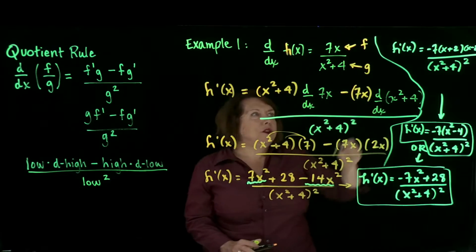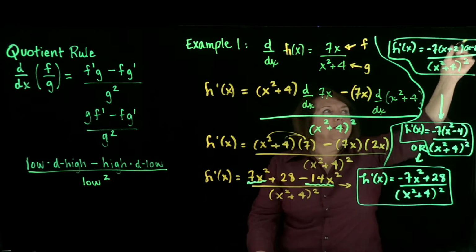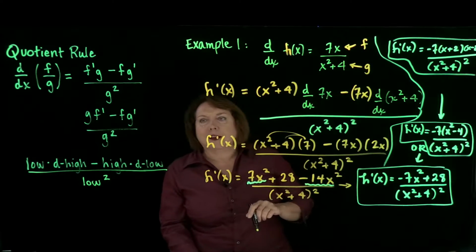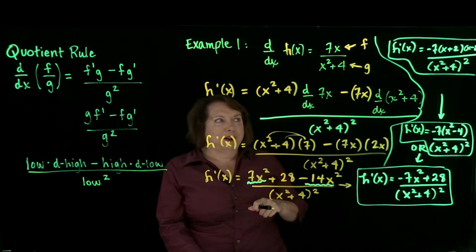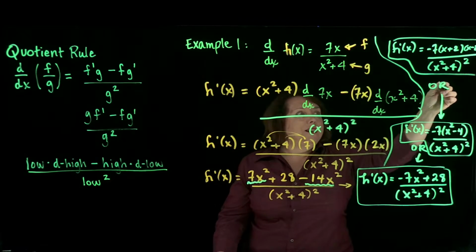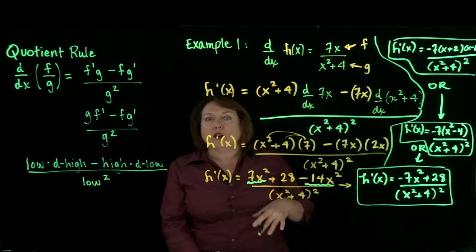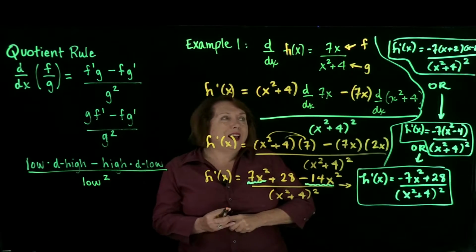Please notice there's no way to factor x squared plus 4. It's not a difference of squares, it's a sum of squares, and there's no factoring for that. So any of these three ways the answer could be shown. It's going to depend on your professor, what they are looking for.